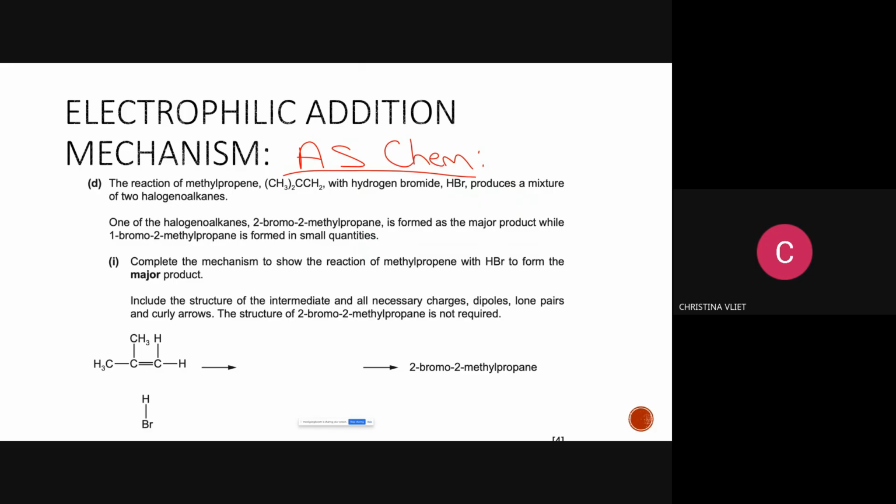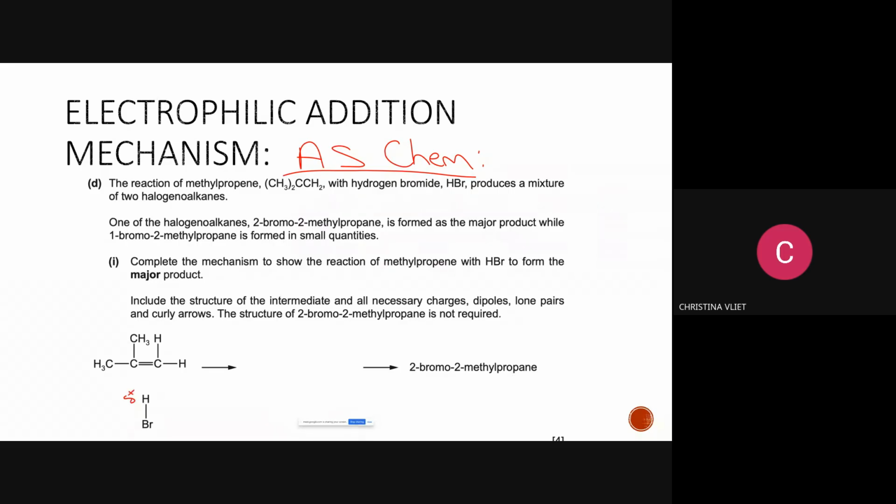And it asks you to do the electrophilic addition mechanism. So let's see if we can go back through the steps for this mechanism. The first thing you would do is you put a dipole on this molecule, HBr. Which part would be positive and which part would be negative?